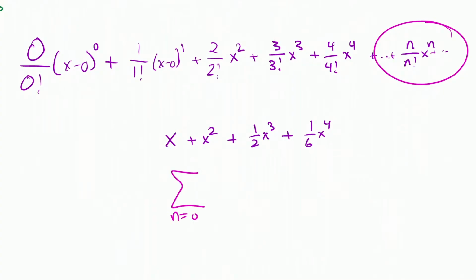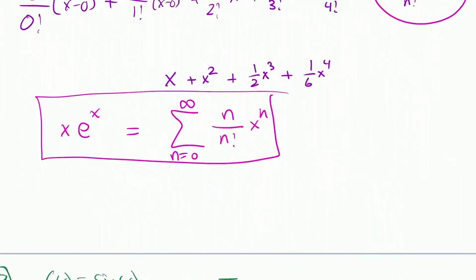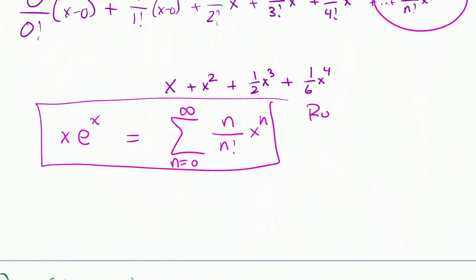So n equals 0, I'll write up here, x e to the x is equal to the sum of n over n factorial x to the n. So this is the Taylor series expansion for that function around the point a equals 0. And I want to know, what is the radius of convergence?